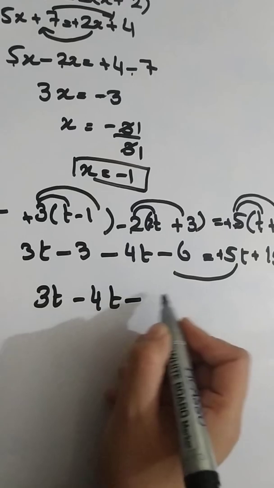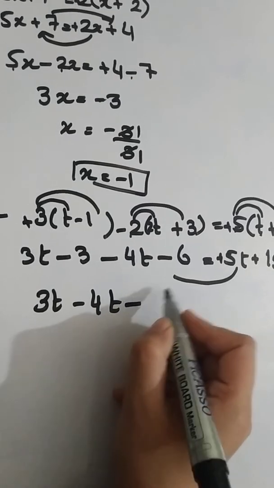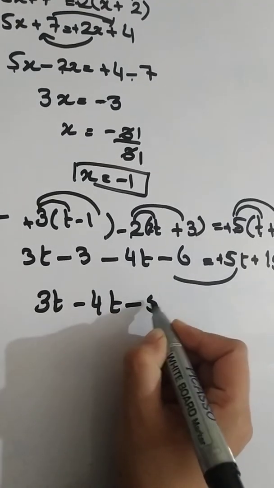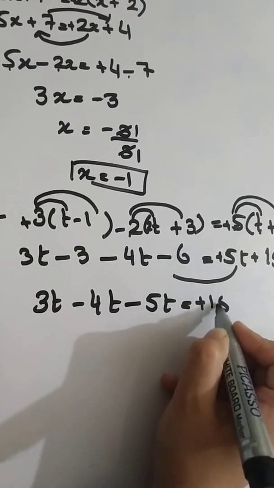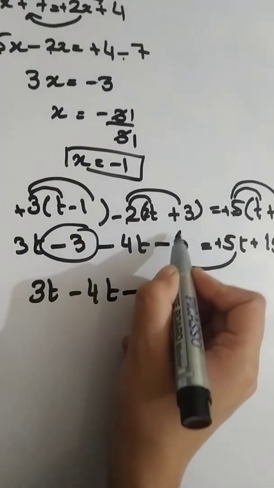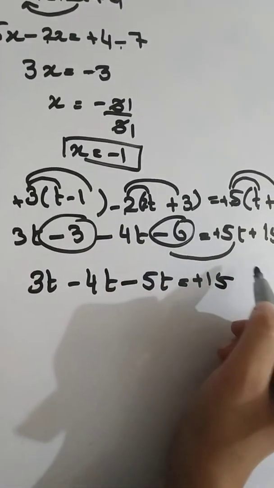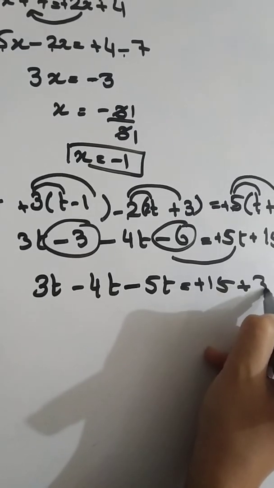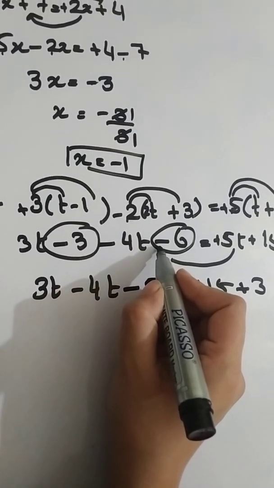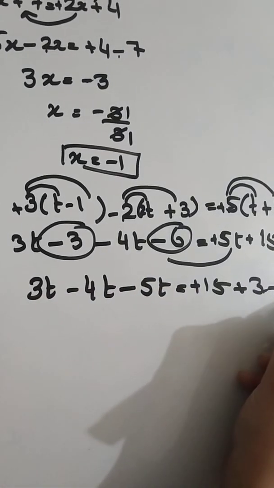When it comes on the other side, the sign changes into negative, minus 5t, plus 15t. When this 3 and minus 6 move on the other side, their signs change, minus changes into plus 3 and minus changes into plus 6.